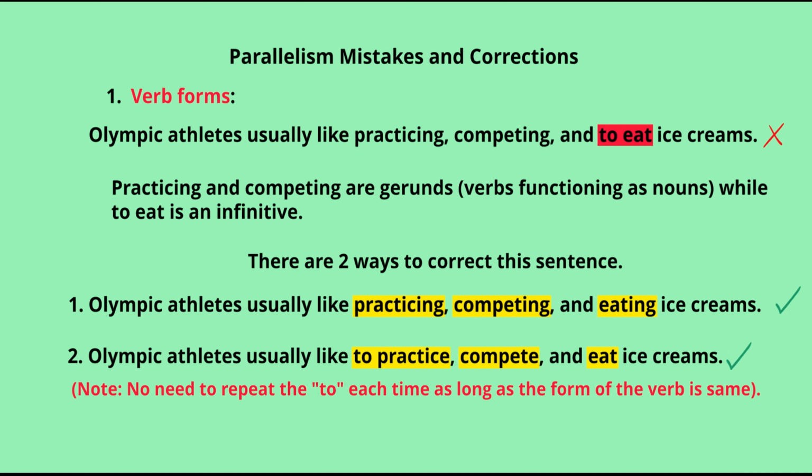The second one, Olympic athletes usually like to practice, compete, and eat ice creams. Here we have used infinitives. Note, no need to repeat the to each time as long as the form of the verb is the same. Right? Here the form of the verb is the same. Practice, compete, eat. So we don't need to use to practice, to compete, to eat. We'll just use to only once. Got it?